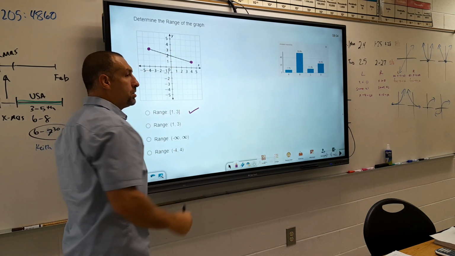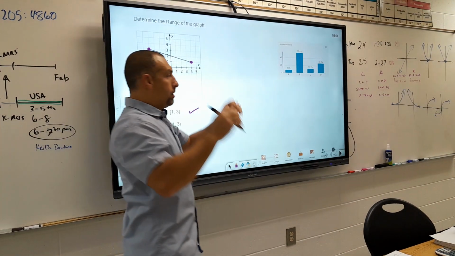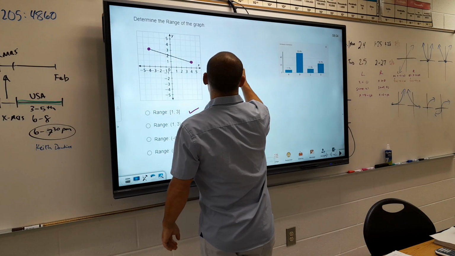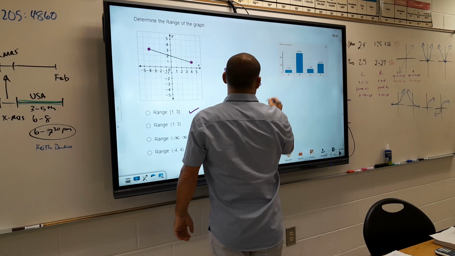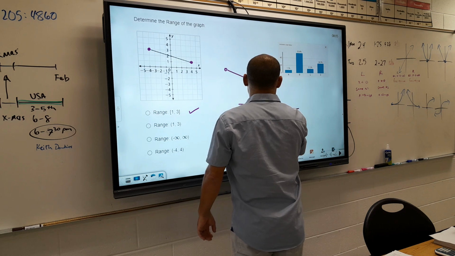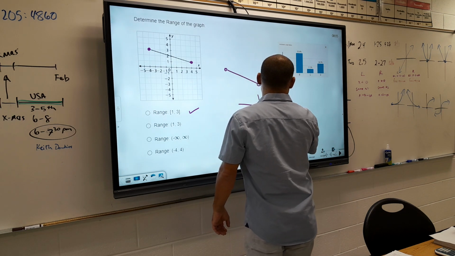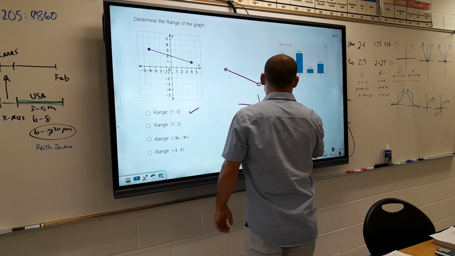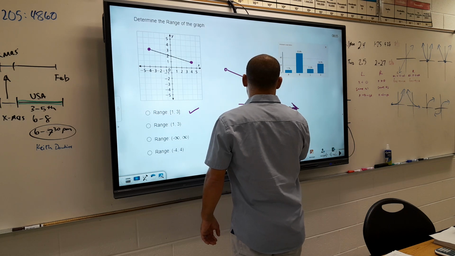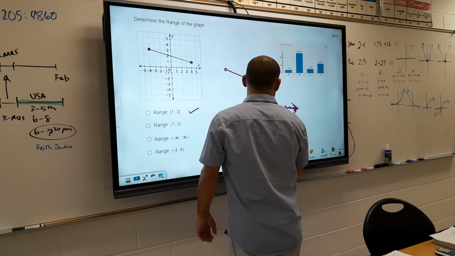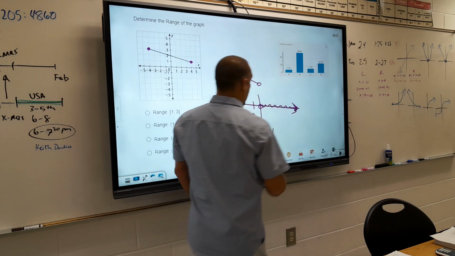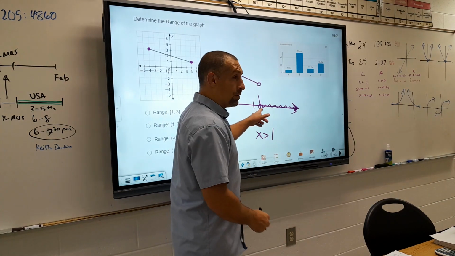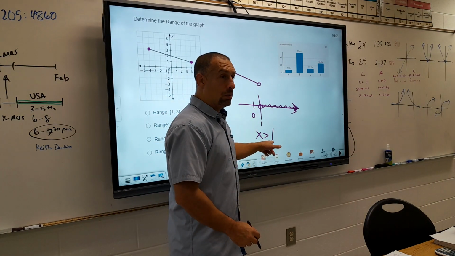See how we have closed dots? Y'all have seen open dots before, haven't you? Maybe on a number line. And you would shade, and you would say the open dot, if this was 0 and that's 1, you'd say the answer is x greater than 1. It's an open circle. Why is it not an equal to?